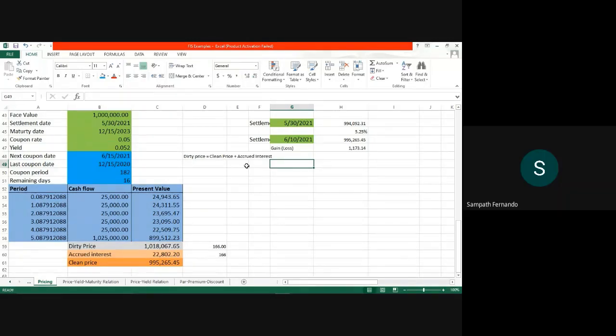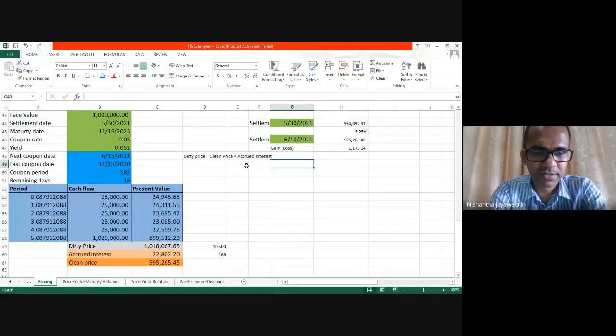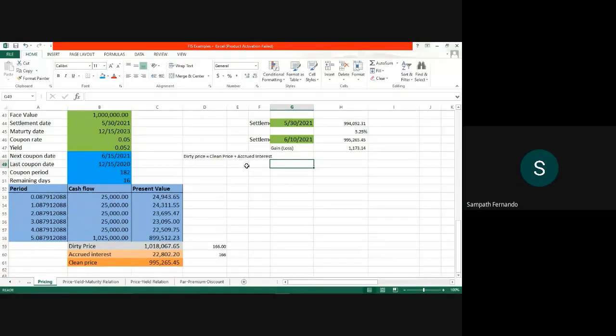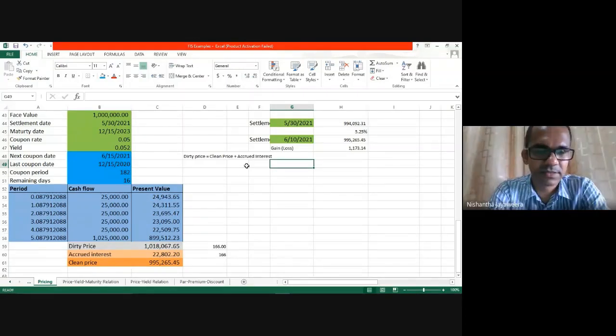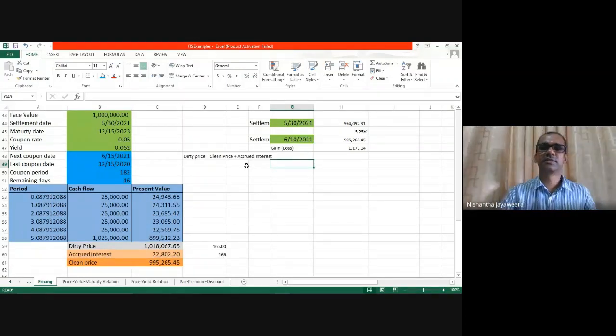If the YTM remains the same, before the maturity, can we make a gain also? Even without a change in the YTM, if we sell or buy before the maturity. Yes, that's another good one.